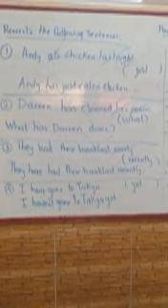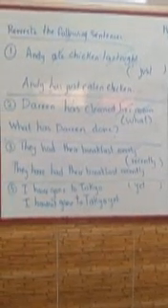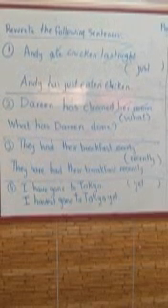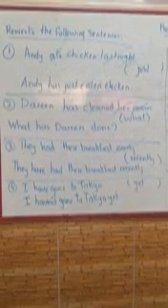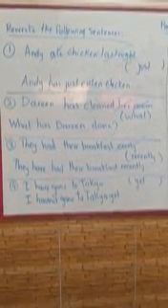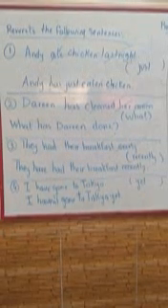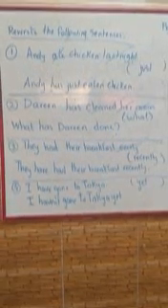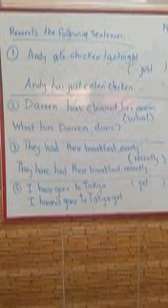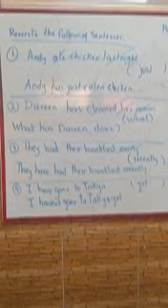Here we have Andy has just eaten chicken. Andy is the subject, has, and here we have just between has and the past participle of the verb, and we have chicken, so Andy has just eaten chicken, and don't forget to cross last night.